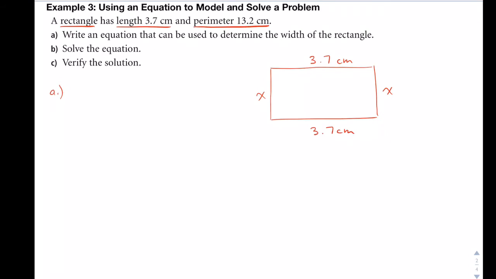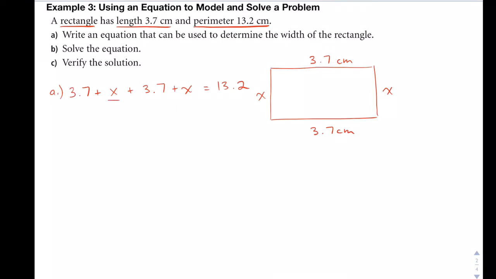So question A says, write an equation that can be used to determine the width of the rectangle. We need to remember that perimeter is adding up all the sides together. So that's 3.7 plus x plus 3.7 plus x. And that all equals 13.2 because the question gives us the perimeter. However, we can simplify this.